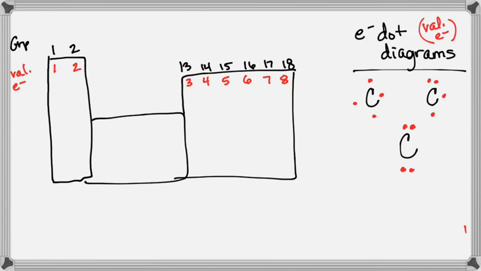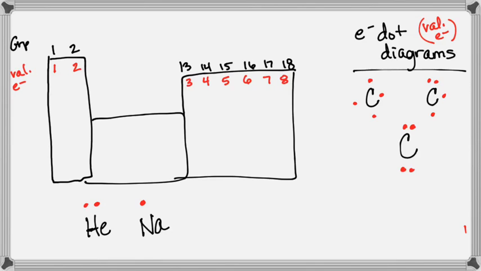I could show you another dot diagram, let's say for helium. Helium is in group 18, but now helium's a little different because helium only has 2 electrons total, so we can't go more than just those 2 valence electrons. I could pick sodium. Sodium is in group 1, so how many valence electrons does it have? It has 1 valence electron.